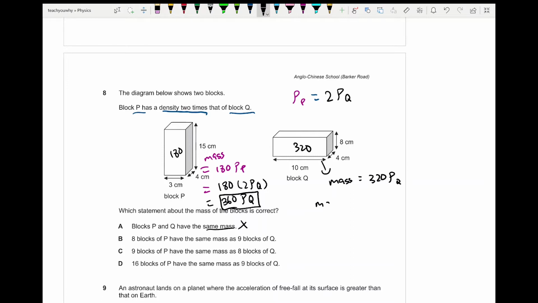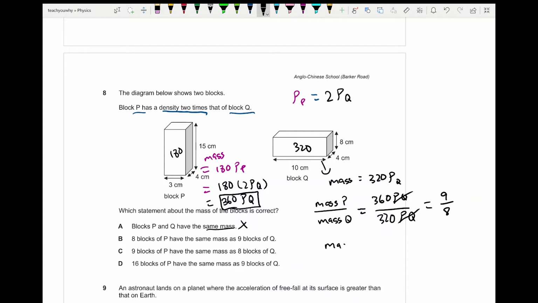So mass of P over mass of Q is equal to 360 rho Q over 320 rho Q, and rho Q cancels out, and then in short you will get 9 over 8.